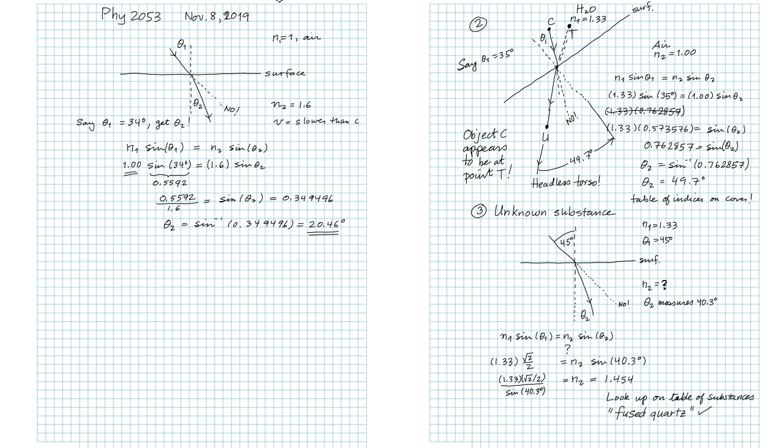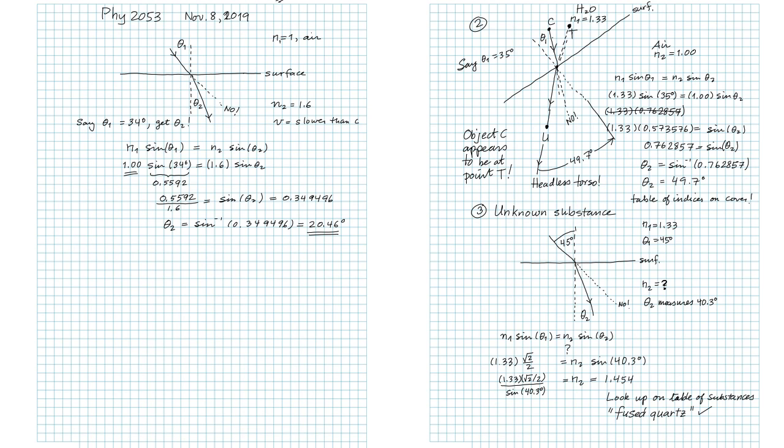Theta 2 measures 40.3 degrees. Okay, so you're in the lab and you can't aim the beam of light, like your laser, at theta equals 0. You don't want it to go straight into the water perpendicular to the surface. So another easy angle is 45. So you aim your laser at 45, and then you look for the outgoing angle. You figure it out using trig and everything like that. It's 40.3. Okay, what does that tell you about N2?